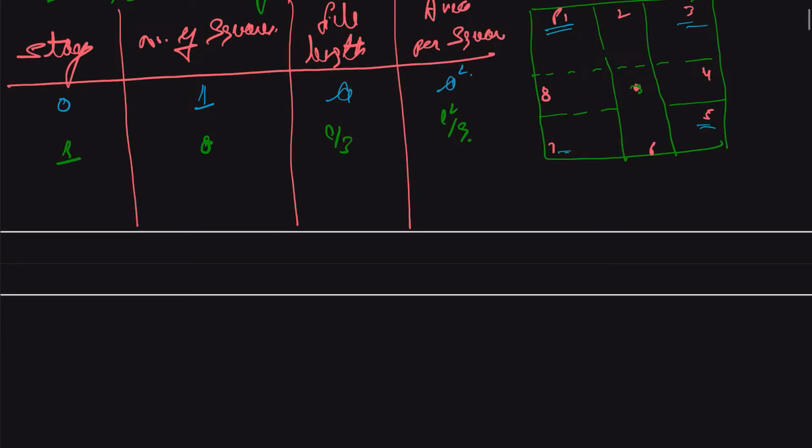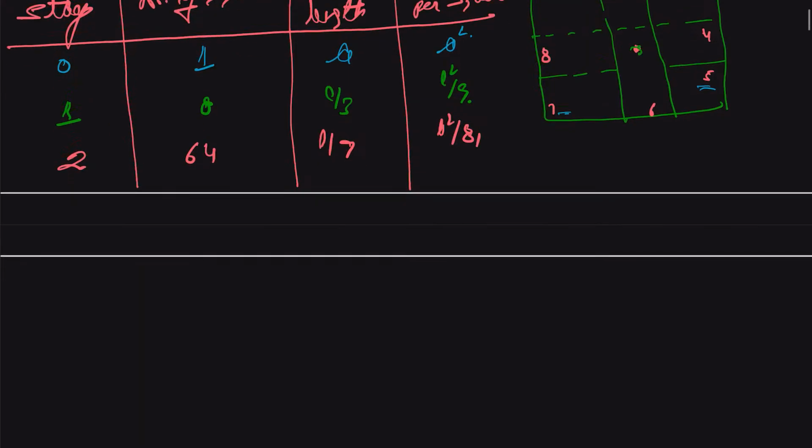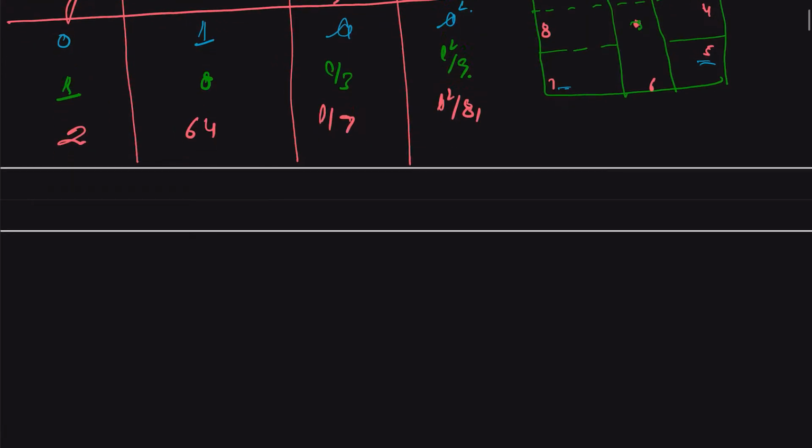Similarly, at stage 2 the number of squares will be 64, the side length will be L by 9, and the area will be L square by 81, and this will be a continuous process. Therefore, if the stage is K, the 64 can be written as 8 raised to power 2 and the 8 as 8 raised to power 1.